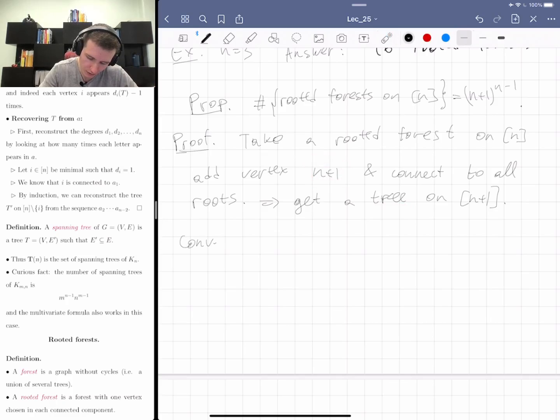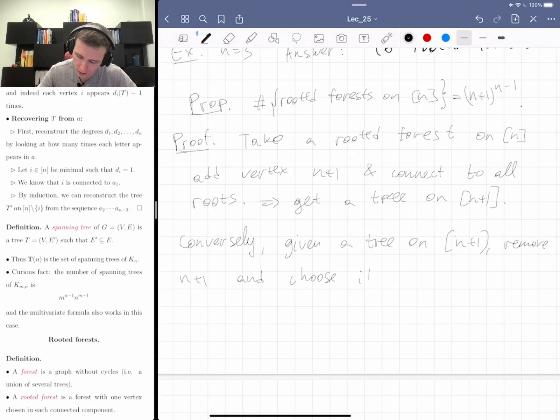Conversely, given a tree on bracket n+1, you can remove n+1 and designate its neighbors to be the roots. There's going to be one neighbor in each connected component.